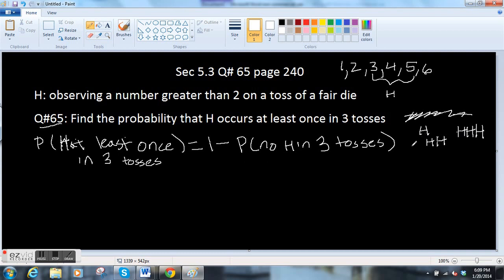take 1 minus that. So the probability, we'll work this up here, probability of H is equal to 1, 2, 3, 4 out of 6.